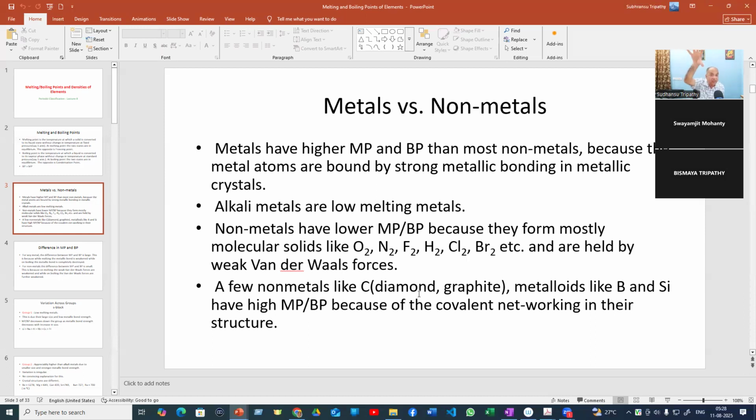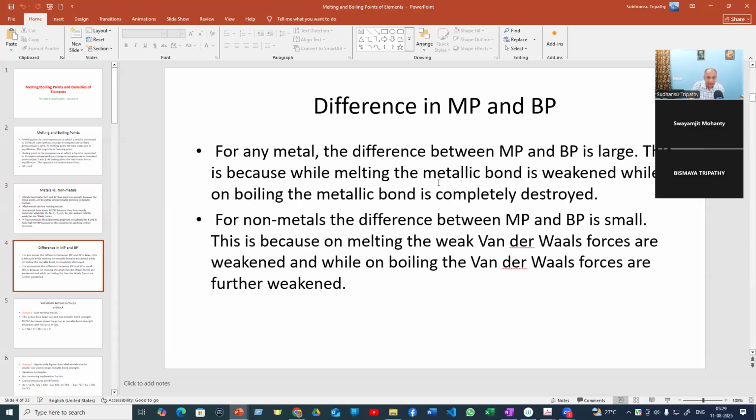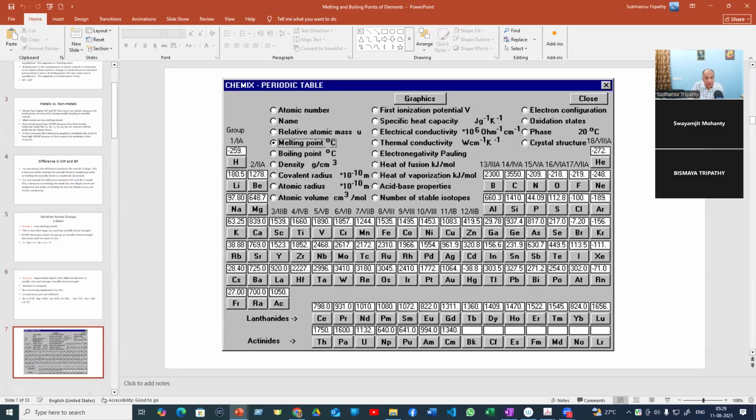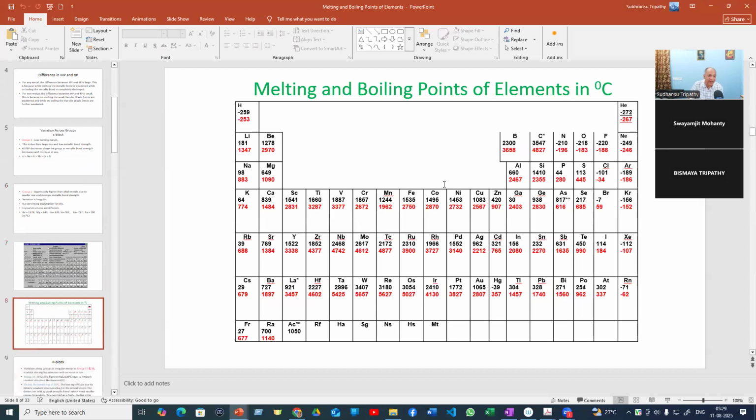Even in the gaseous state there are van der Waals forces, although very, very little. Since you are just weakening the van der Waals forces and not breaking a covalent bond, the difference between MP and BP is very, very small. So with this introduction, let me show you first the data.